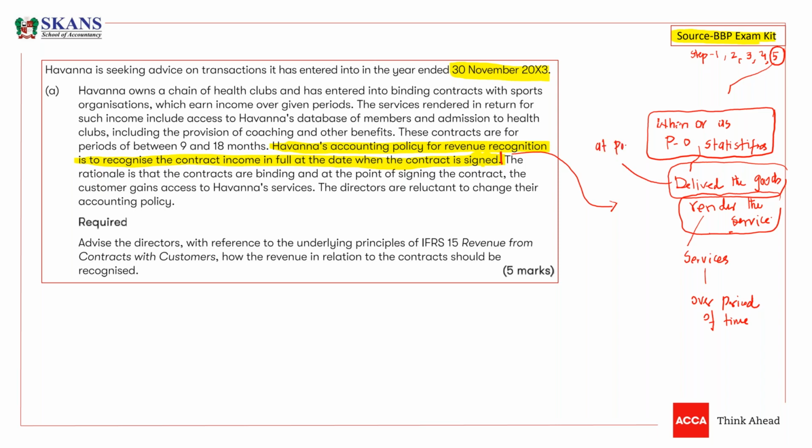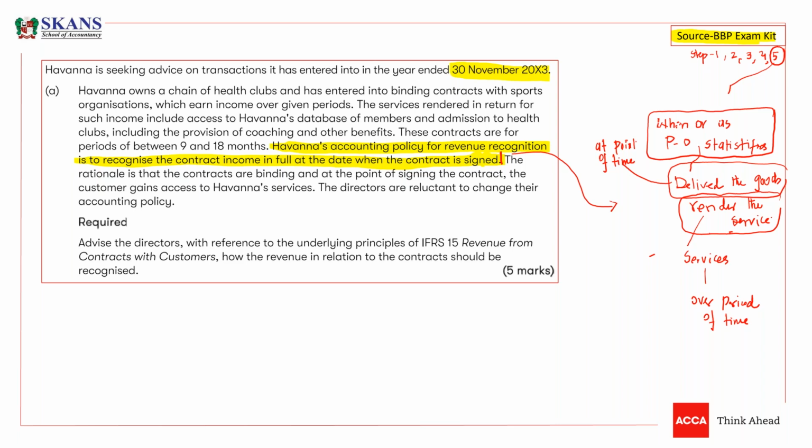But that point in time is not the contract signing date. That point in time is when you have delivered goods, along with its risk and rewards, along with the control. So this is something that you need to understand.